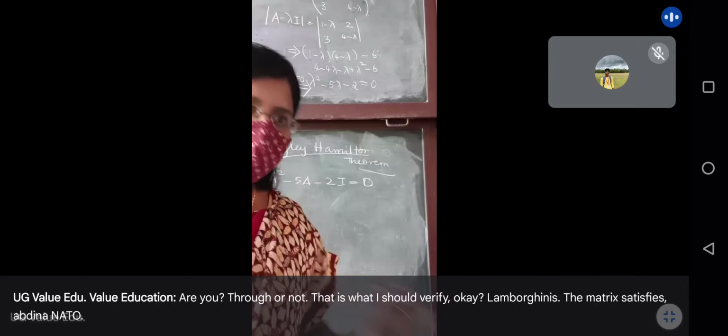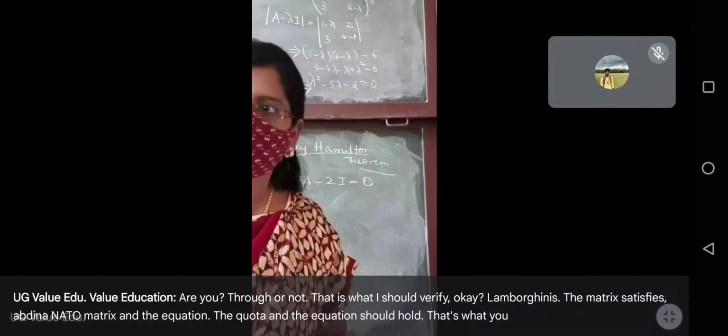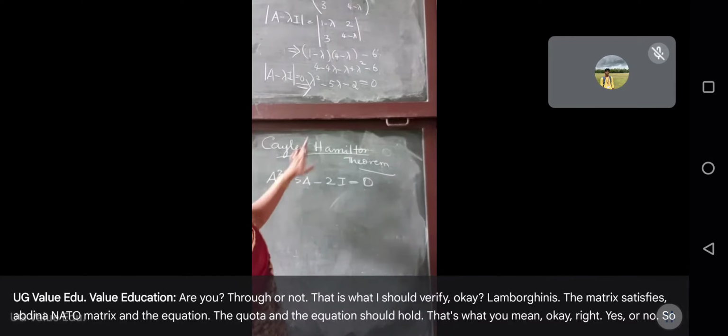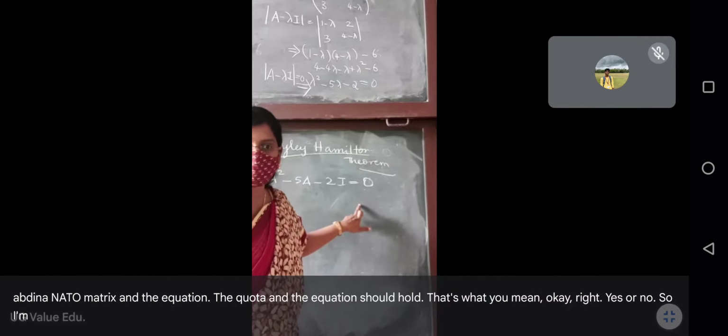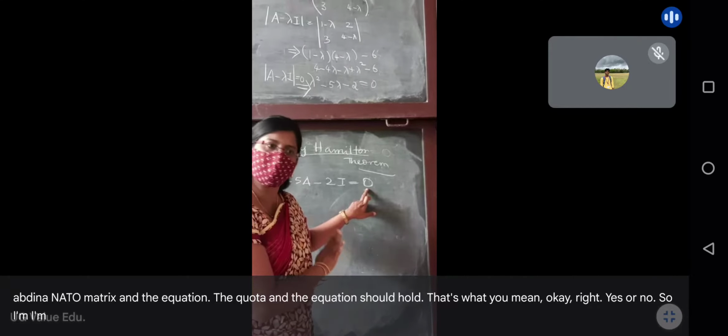True or not? That is what I should verify. Okay? In place of lambda, what have we put? We have put the matrix A. The matrix satisfies means what? When we put the matrix in that equation, the equation should hold. That's what it means. Okay? Right? Yes or no? So, I'm replacing lambda by A. If this is equal to the 0 matrix, that means the Cayley-Hamilton theorem is true for this matrix.